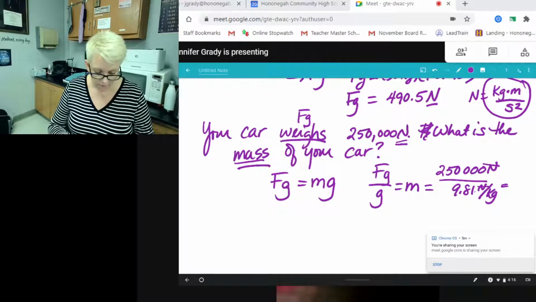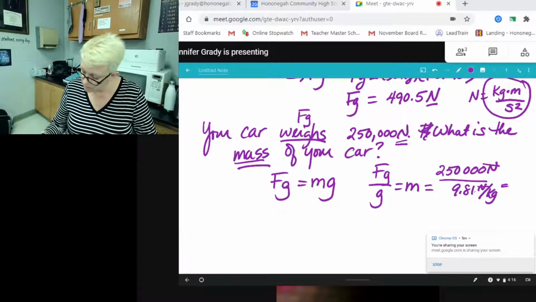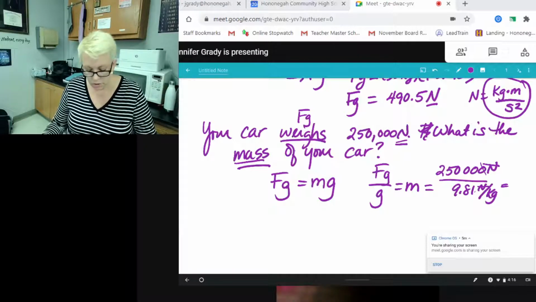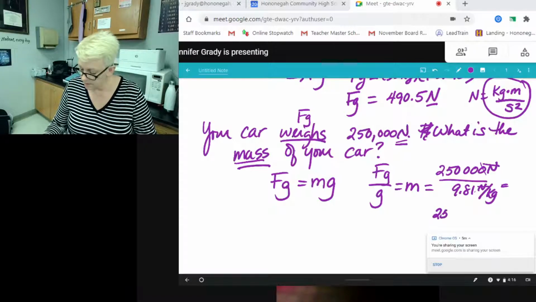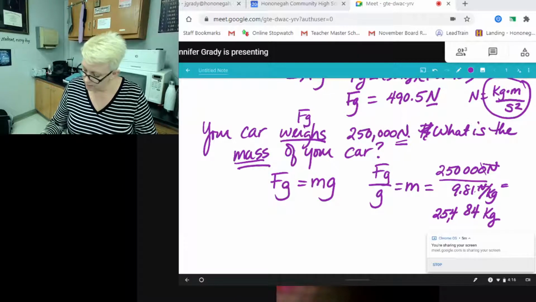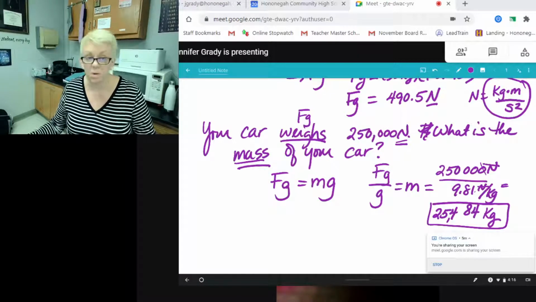Basically I'm dividing by 10, lopping off one of those zeros, but to be fancy, let's use the number they give me in the calculator. That's 25,484 kilograms.